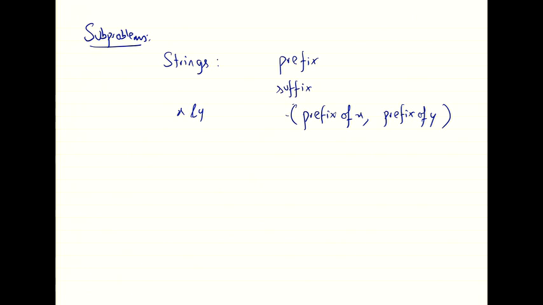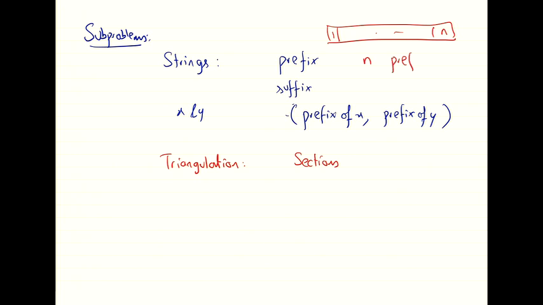I think the reason we looked at this triangulation problem is because it has a different kind of subproblem. In triangulation, we had all possible sections. If I have an input of length 1 through n, there are n prefixes, there are n suffixes.